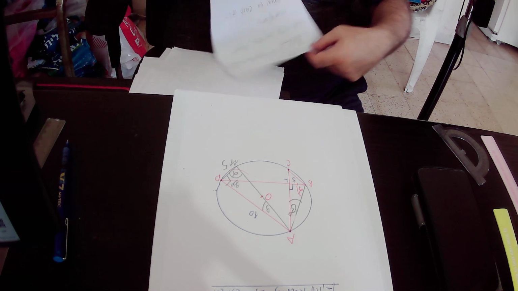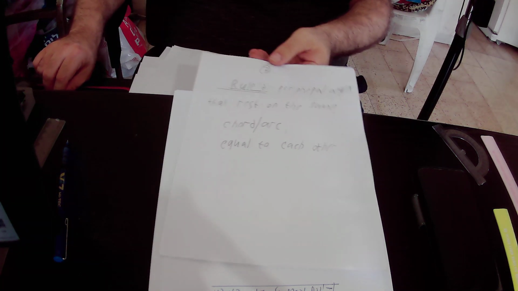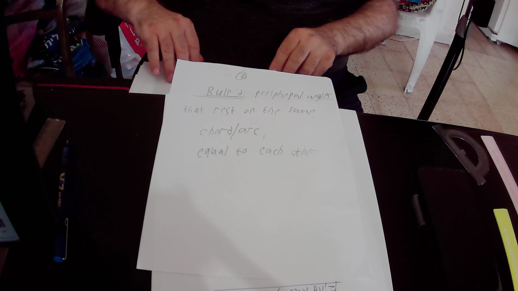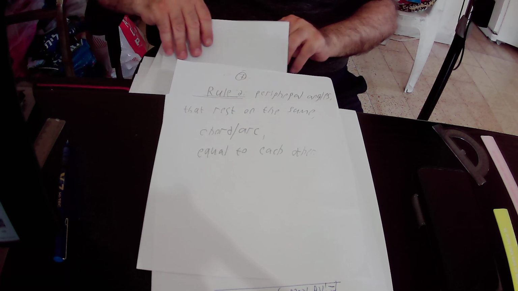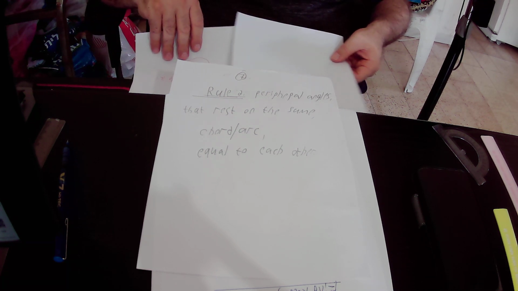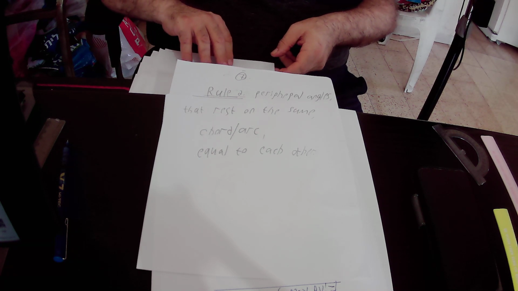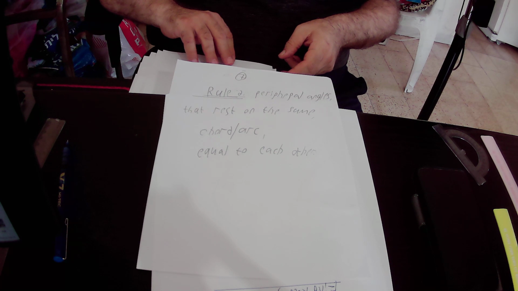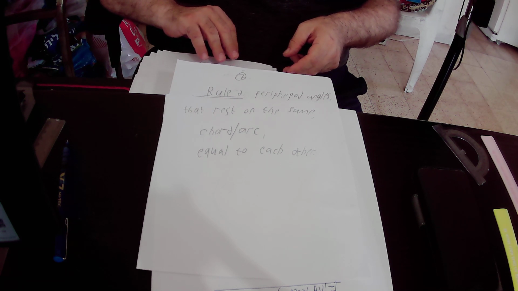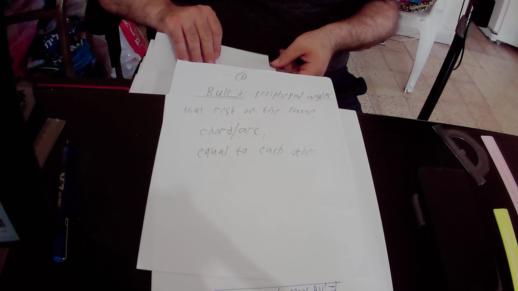Actually, rule number 2 states that peripheral angles that rest on the same chord or arc are equal to each other.